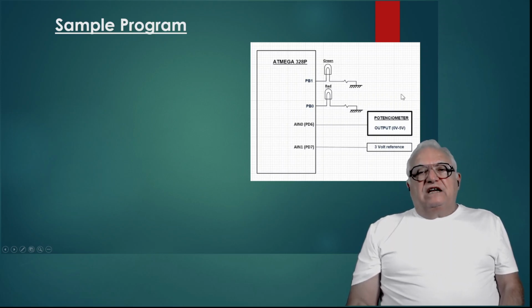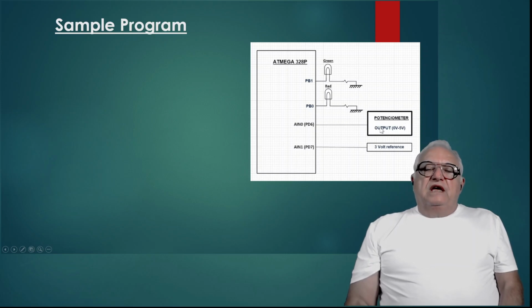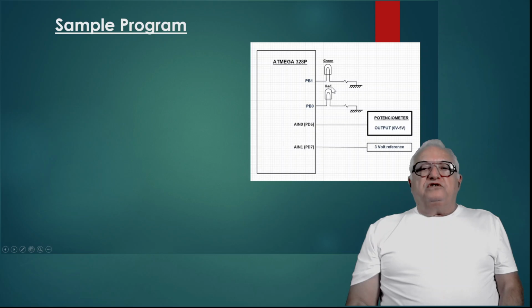The idea is that when I move my potentiometer, if it is above 3 volts, then we're going to have the green light on, meaning we're okay on the voltage. But if our voltage drops below 3 volts, then the green light goes off and the red one should come on.